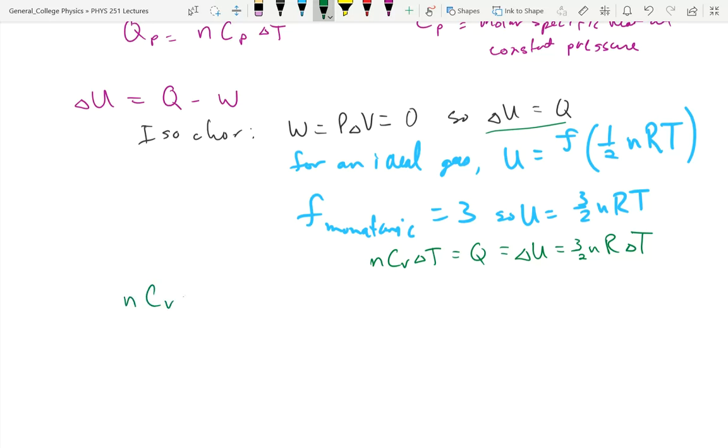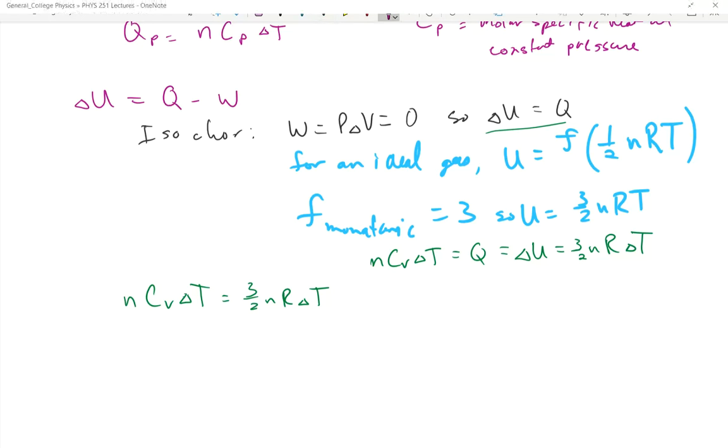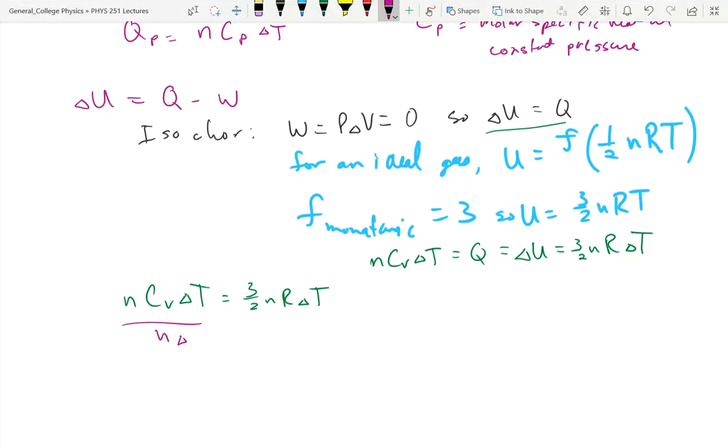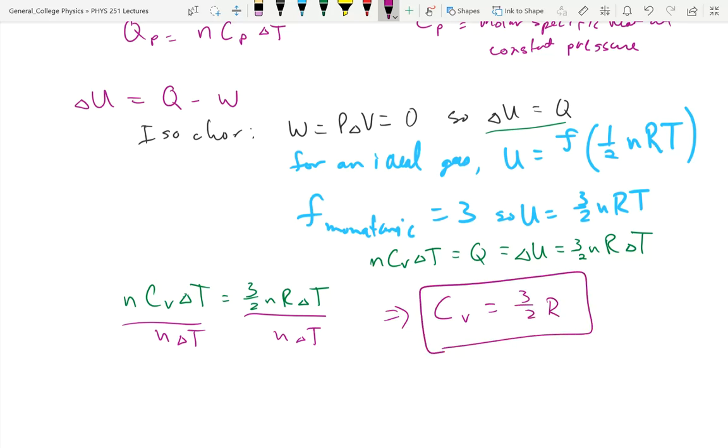If NCV delta T is equal to 3/2 nR delta T, then if I divide both sides by the same N delta T, that gives me CV is equal to 3/2 R.